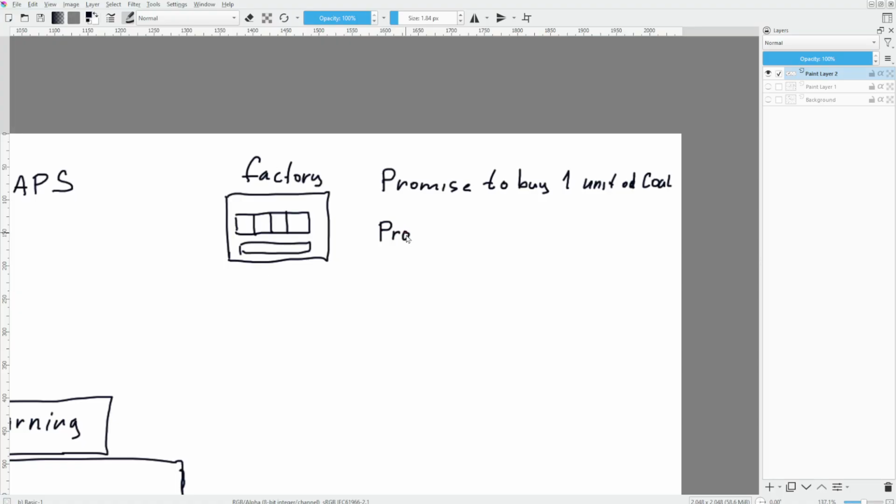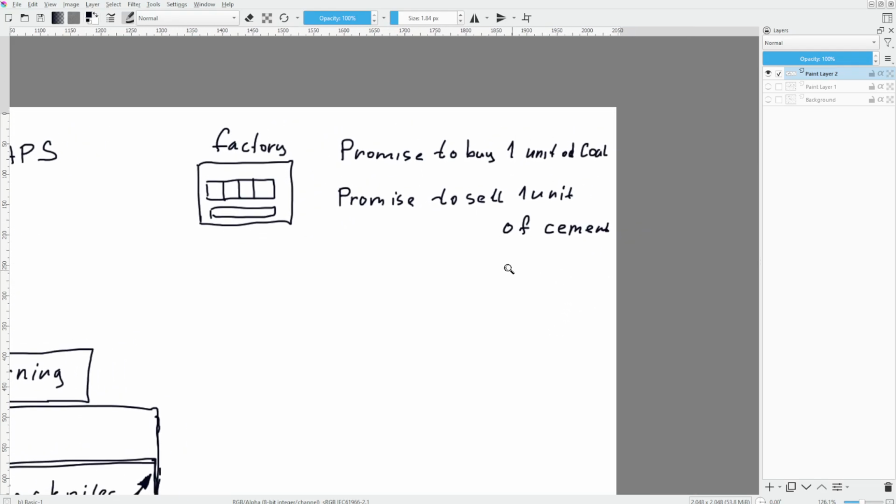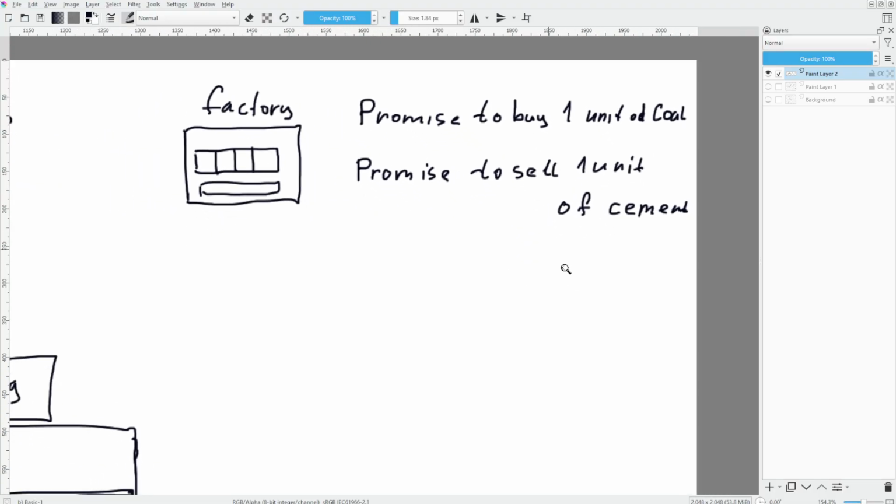And it has a promise to sell 1 unit of cement, which will be consumed by pops, eaten with their grain and cattle breakfast.